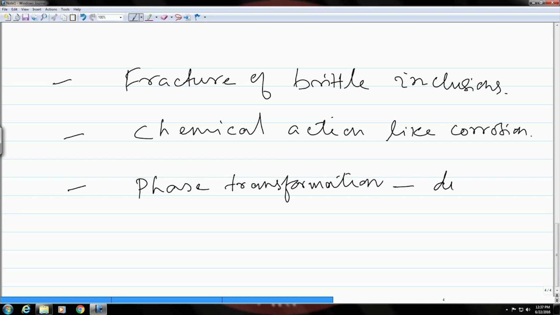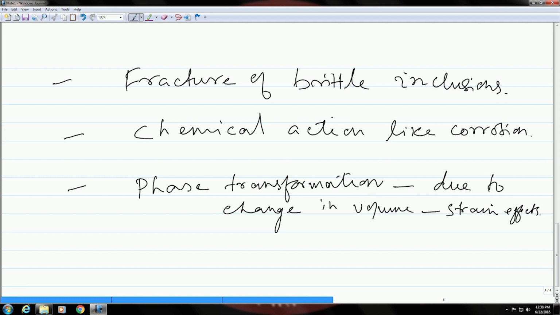This happens, as I told, due to a change in the volume, which leads to small strain effects, and this in turn will generate the elastic waves or the acoustic emissions.